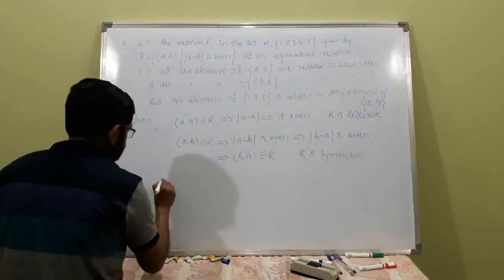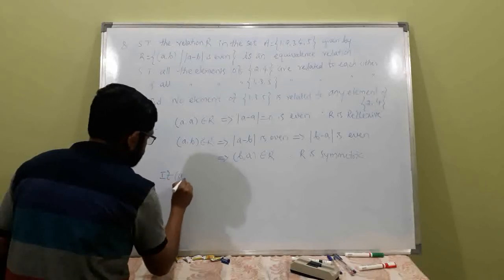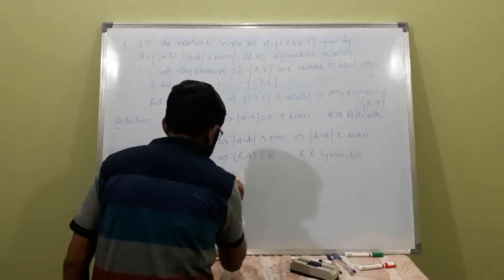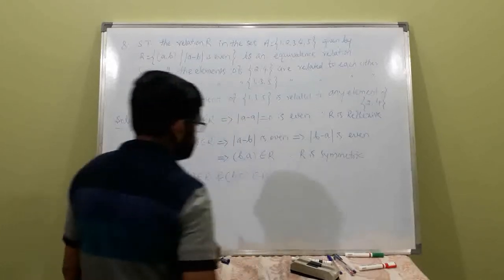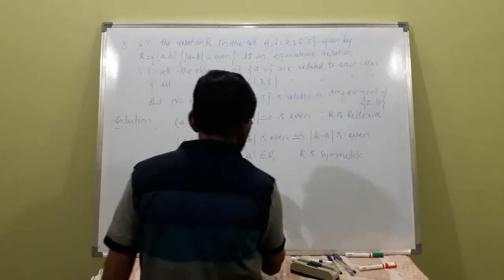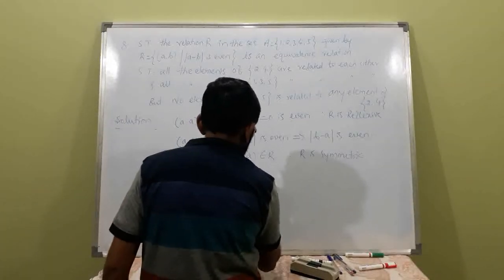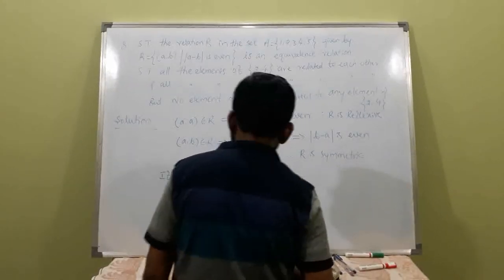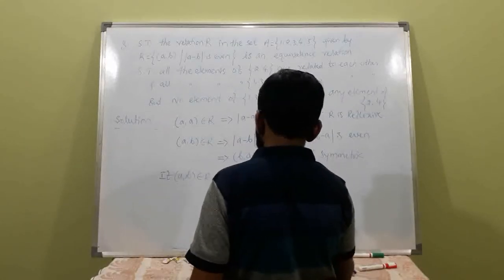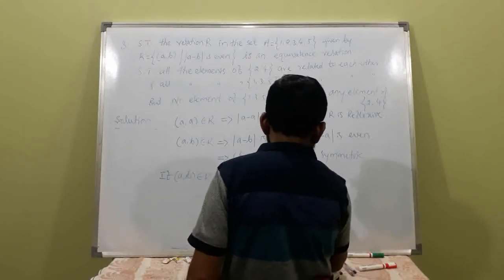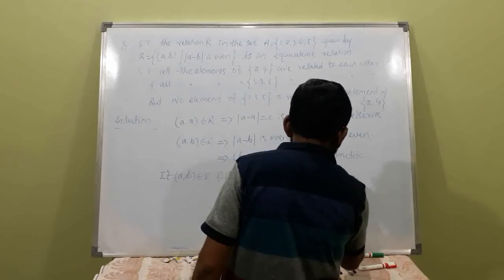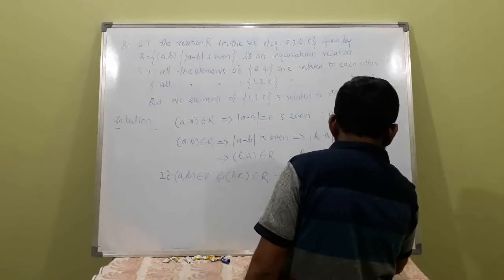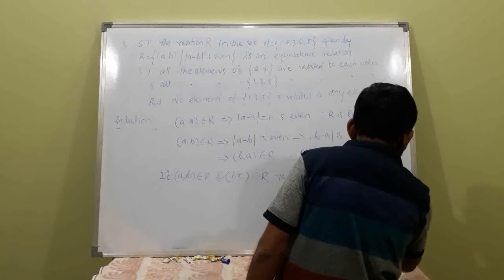Now if AB belongs to R and BC belongs to R, then A minus B is even and B minus C is even.